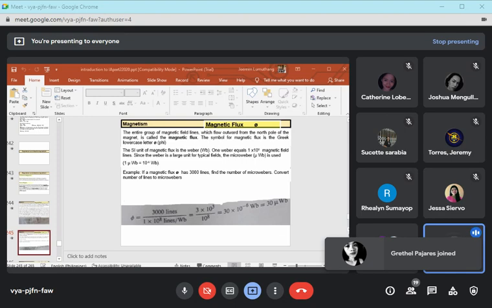So the magnetic flux is the number of magnetic field lines passing through a surface placed in a magnetic field. The symbol for magnetic flux is the Greek lowercase letter phi, like a binary zero with a slash.